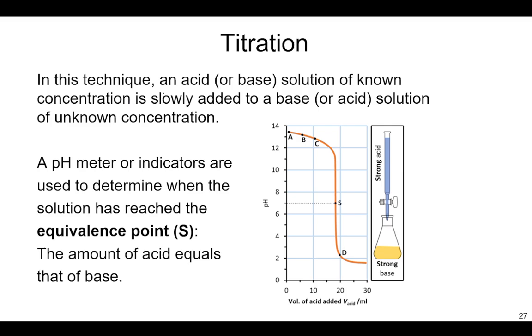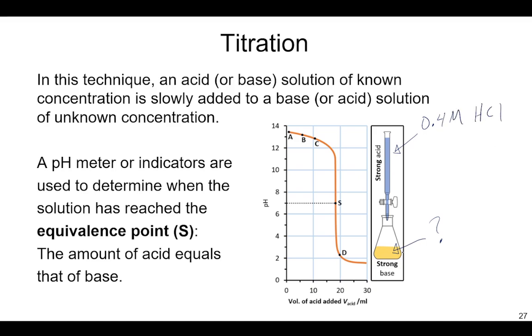Okay, in a titration, this is all about really being an experimental lab and thinking about some unknown concentration of strong base, like shown here, or strong acid down here, and adding to it a known strong acid or strong base. So maybe we know this is like 0.4 molar HCl up here in the burette.